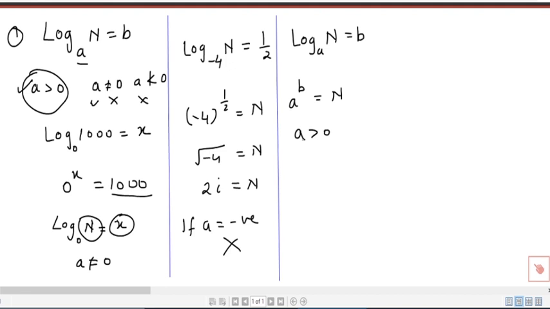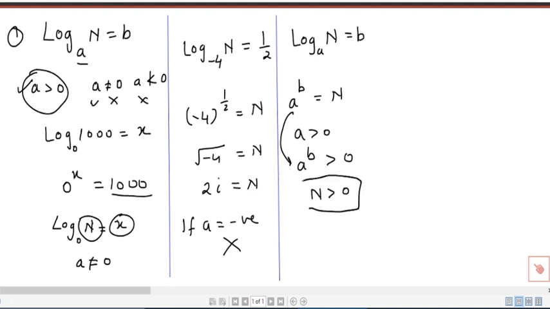So if a is greater than 0, then a to the power anything will always be greater than 0, because a positive number with any power is always greater than 0. And what is a power b? A power b is n. So I can replace a power b with n, and I get n greater than 0. It means n should always be greater than 0.